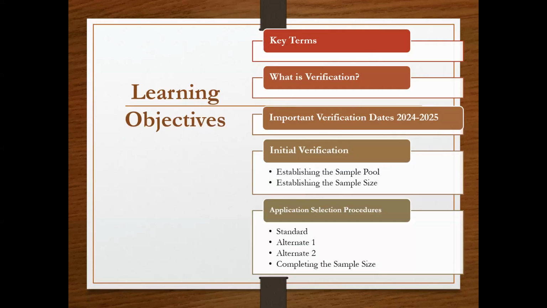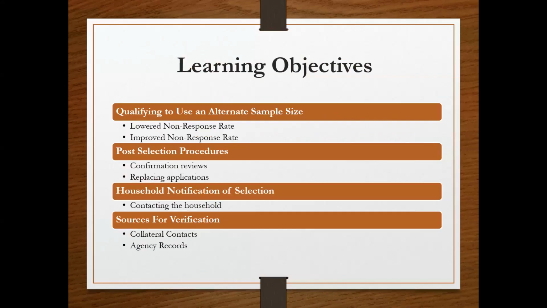All right, some learning objectives. We're going to talk about key terms. We'll talk about what verification is. We'll go over the important dates, and then we'll go through the verification process itself, the initial verification, application selection procedures. Then we'll talk about how to qualify for an alternate sample size, confirmation reviews, how to notify the household, and then sources that you can receive for verification.